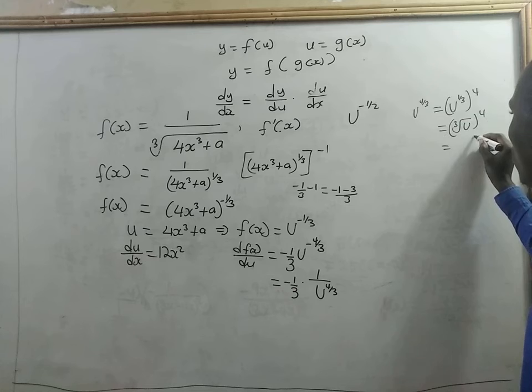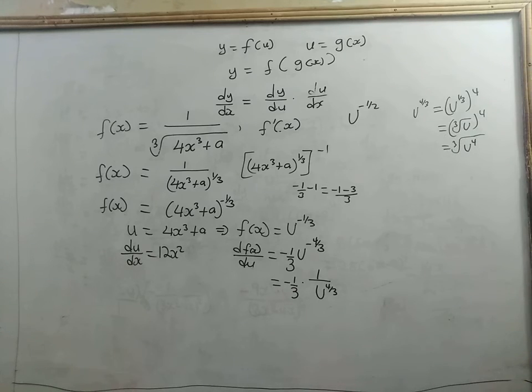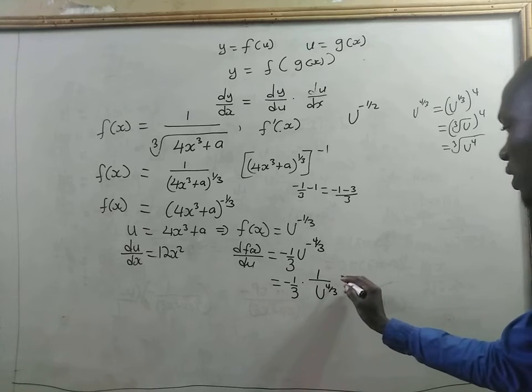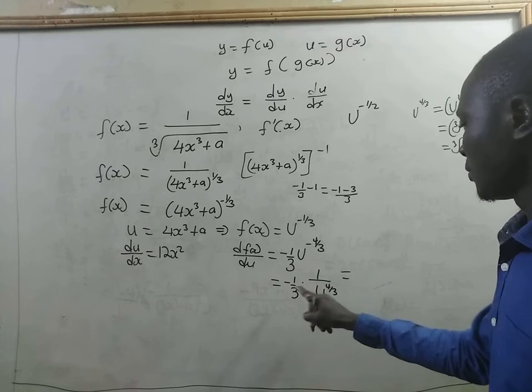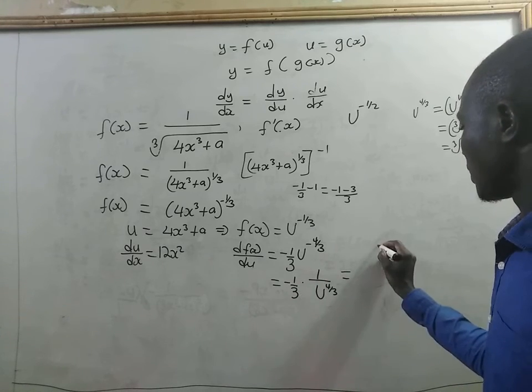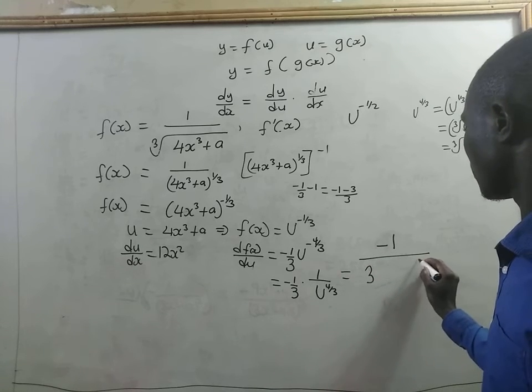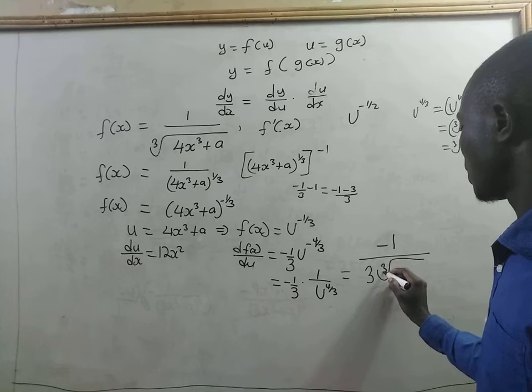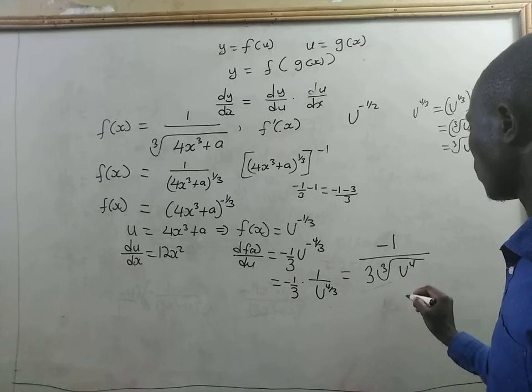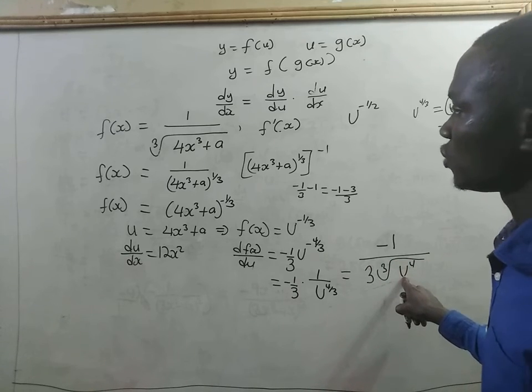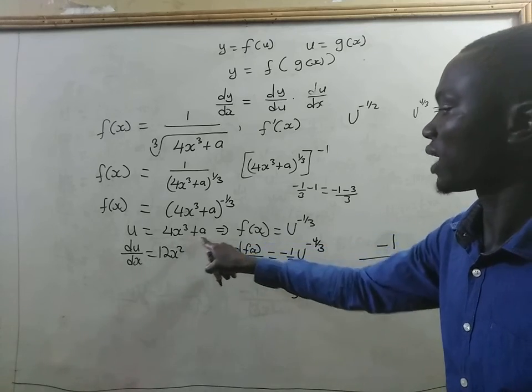So this place will now become negative 1 times 1 will give us negative 1 divided by 3 times cube root of u to the power 4. And what is u? u is 4x cubed plus a.